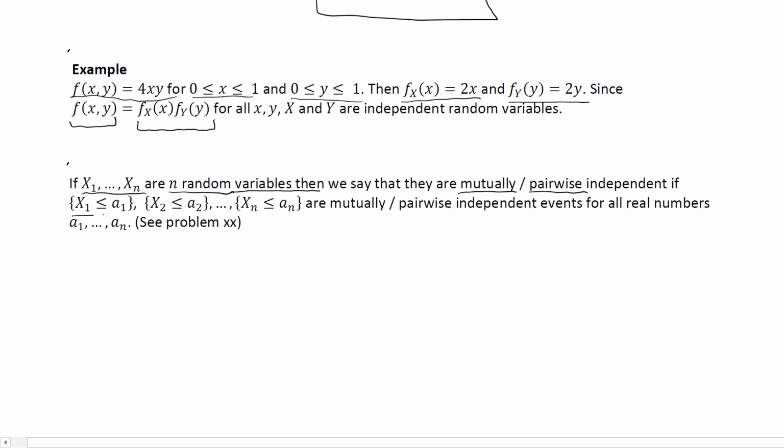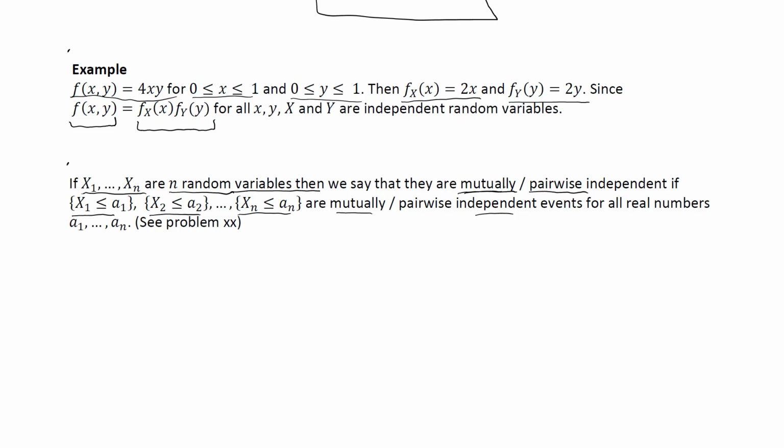So if these n events are mutually independent, then we say that the random variables are mutually independent. If the events are only pairwise independent, then we say that the random variables are pairwise independent. Remembering that a collection of n events may be pairwise independent even though they are not mutually independent.